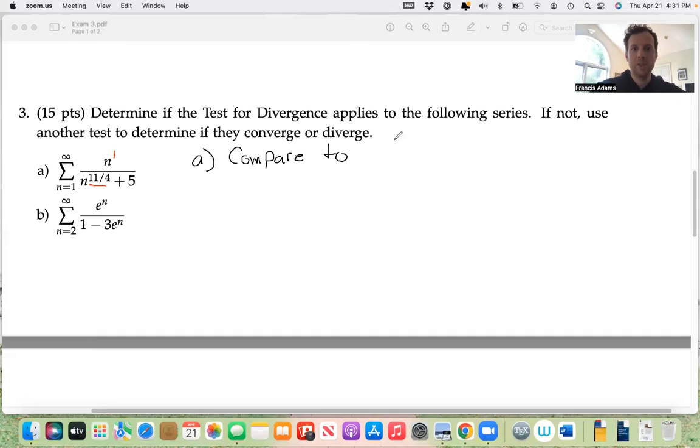And so we'll compare this to the series that has an n and an n to the 11/4 on the bottom. And then we can subtract these exponents. So the top has 4/4, the bottom has 11/4. If we end up canceling, we have 7/4 more n's on the bottom than on the top.